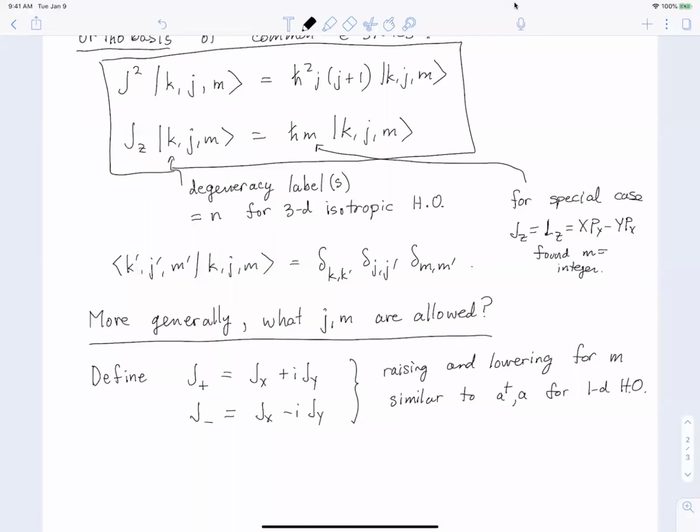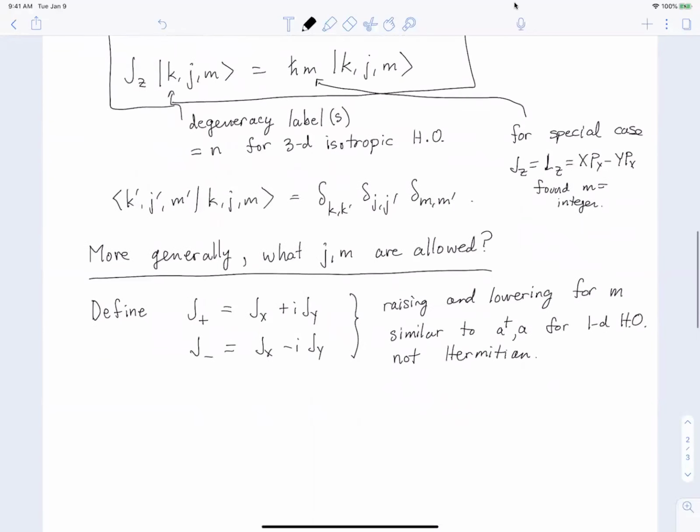In particular, one similarity is that they're not Hermitian. So they're not eligible to be observables, but that's okay because nobody said that every useful operator had to be an observable operator. Anyway, they're sort of morally observable, even if they aren't strictly speaking observable, because they're built out of observables, right? Jx and Jy are observables.